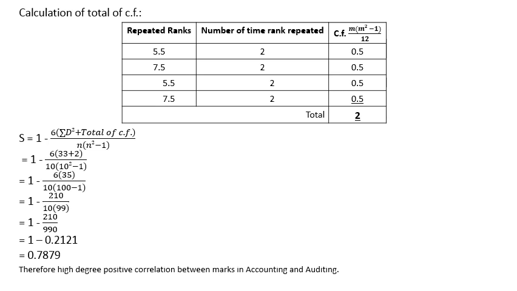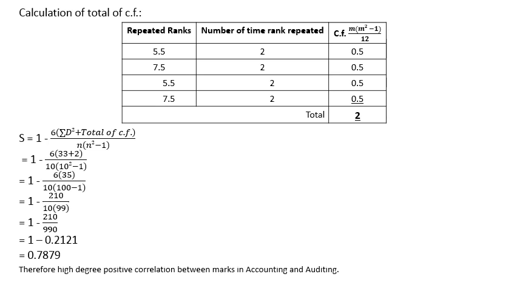Now you can substitute in the formula. S equal to 1 minus 6 into sigma d square plus total of correction factor divided by n into n square minus 1. So that is equal to 1 minus 6 into sigma d square is 33 plus total of correction factor is 2 divided by 10. N means number of items, 10 items, then 10 students are there. 10 into 10 square minus 1.